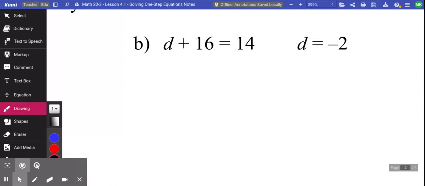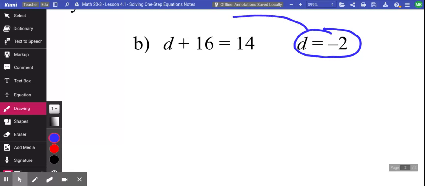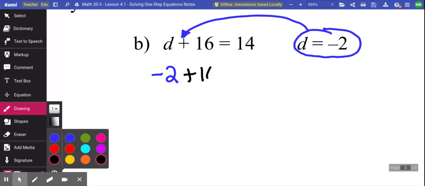So we could check our answers. Here's another example. We could take this value. We could say, all right, if D equals negative 2, let's test to see if it really works by changing D to be negative 2. If you try that, negative 2 plus 16 is 14. 14 does equal 14.